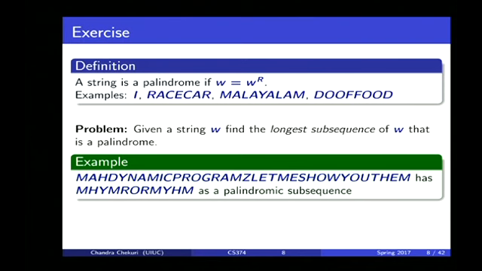If I choose this M, what should I recurse on? What is the string I'm recursing on? If I match this with M, I have to find a palindromic sequence in the A to E, right? If I match it with this M, I should find the longest palindromic subsequence from I to E, right?